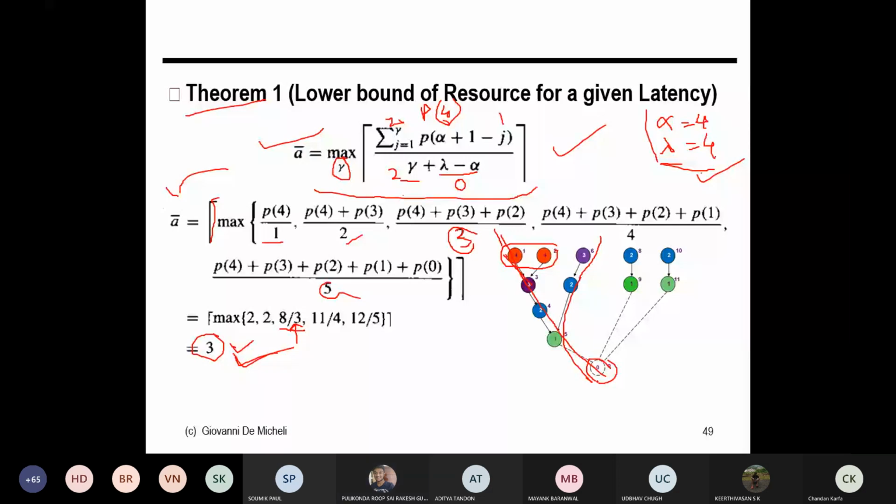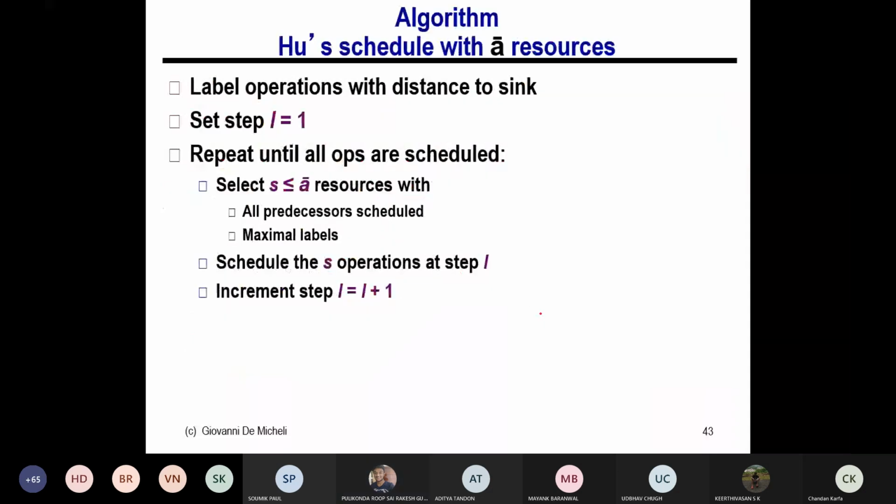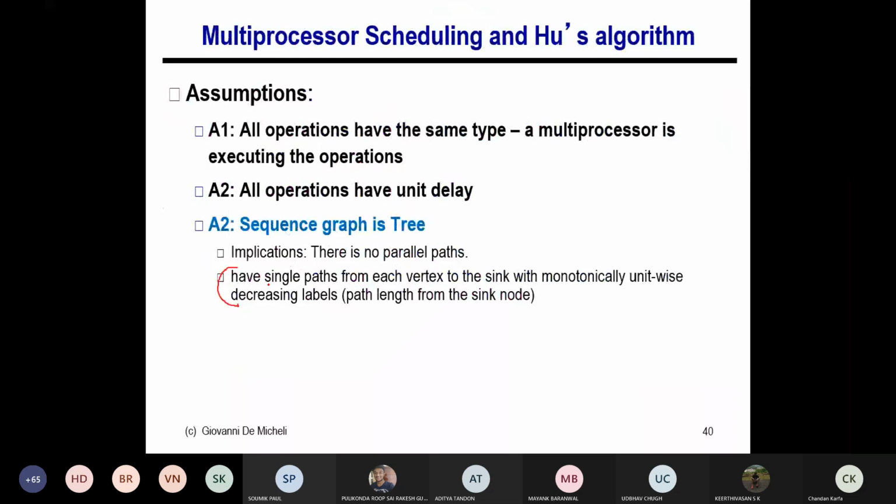I have written it here: this is the actual reason, that for every path from any vertex to a sink node there is monotonically unit-wise decreasing level. If this property does not hold, then you cannot guarantee the exactness of the algorithm.